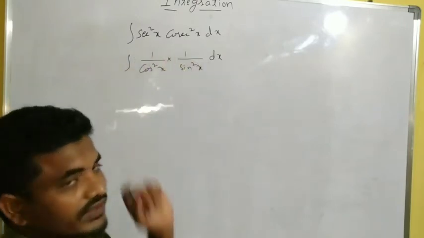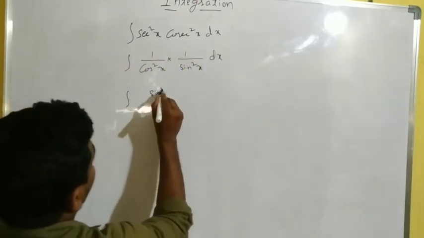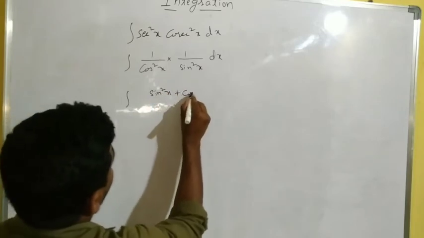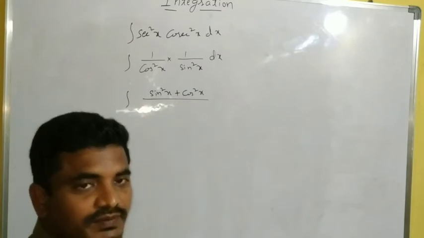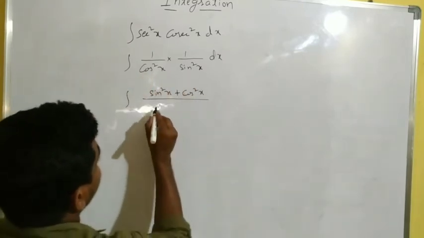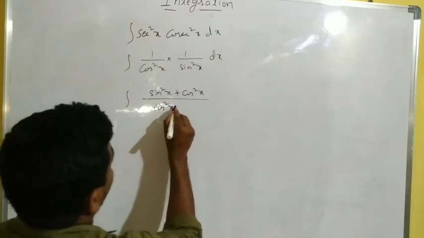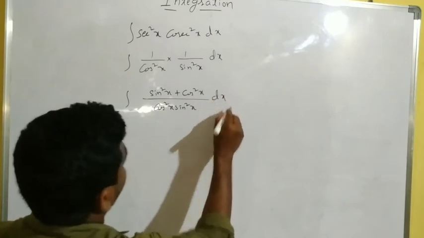The 1 in the numerator I write as sin square x plus cos square x. We know this is the identity, sin square x plus cos square x equals 1, and the denominator I write as it is, cos square x into sin square x dx.